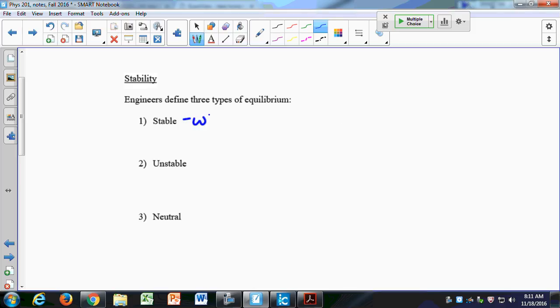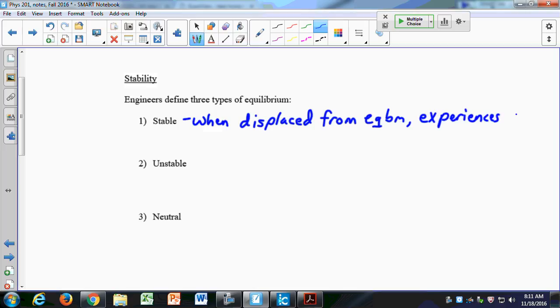Stable: when you're displaced from equilibrium, it experiences a torque or force that opposes the direction of displacement.